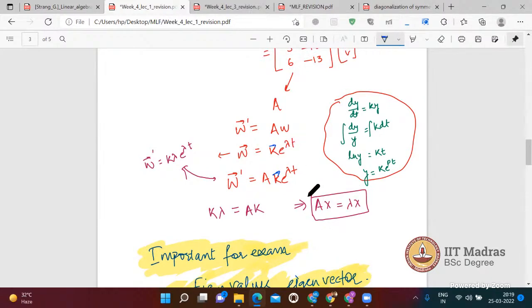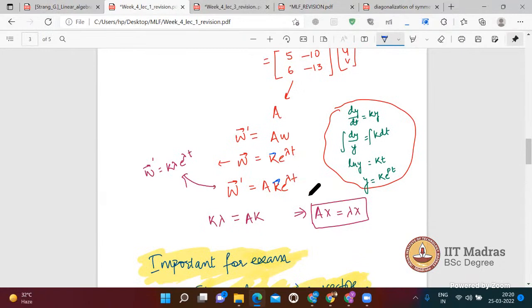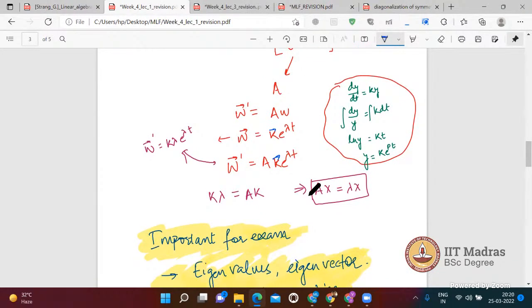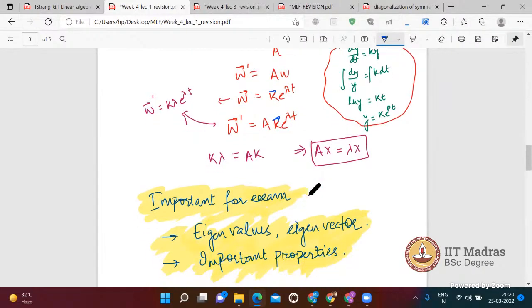K and lambda can be calculated from the eigenvalue and eigenvector. After putting this here, we will be able to solve this difficult problem with the help of eigenvalue and eigenvector. So that was the simple motivation behind why eigenvalue and eigenvector are so popular.